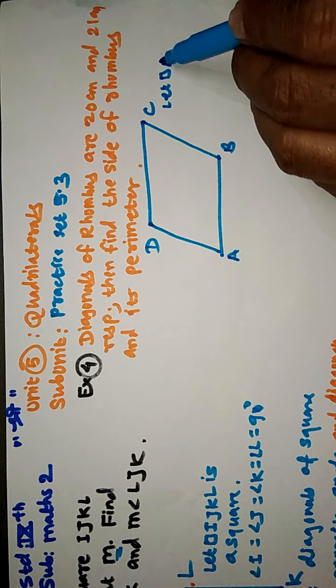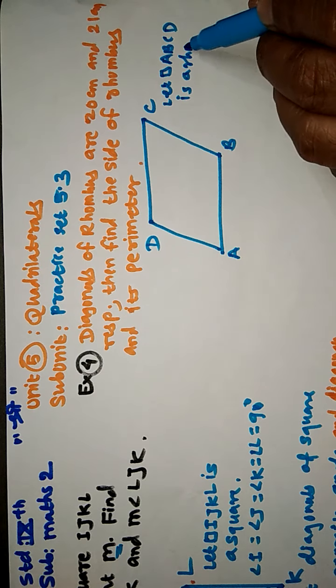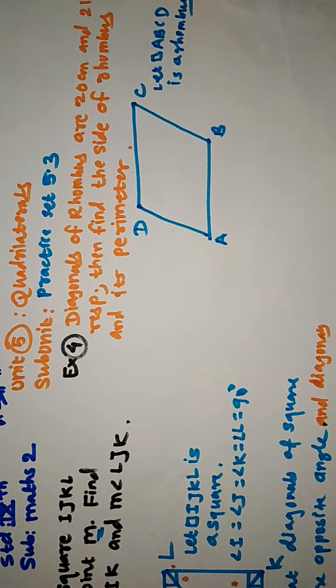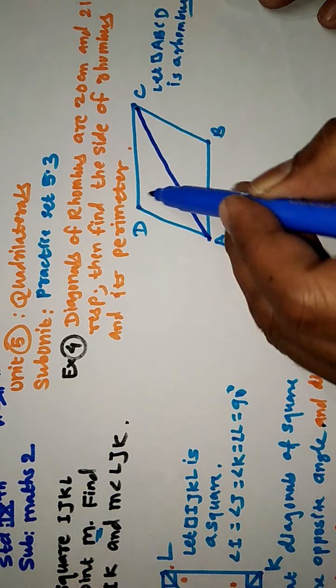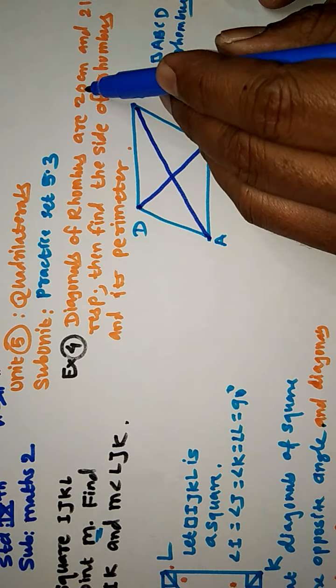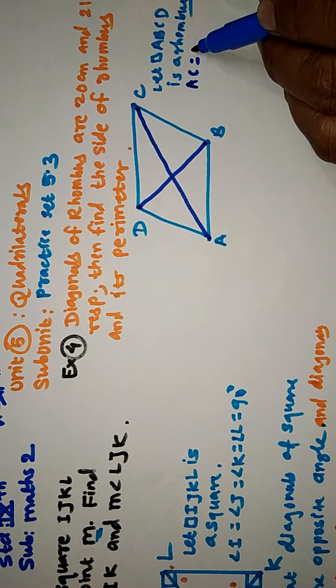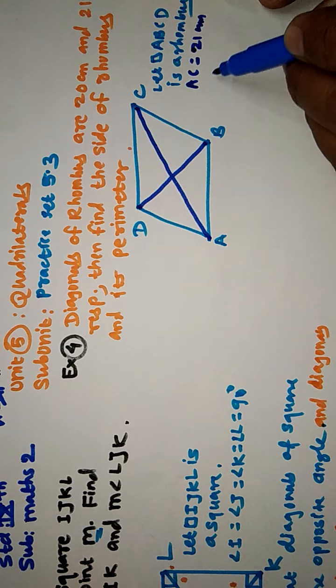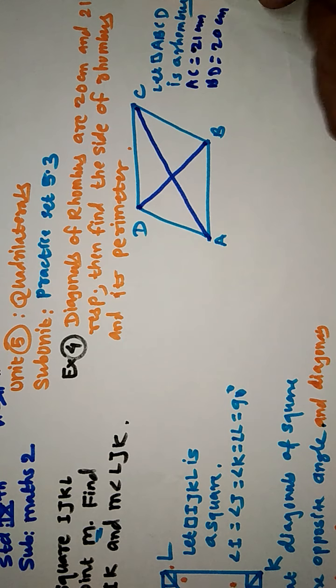Let quadrilateral ABCD be a rhombus. Its diagonals have lengths 20 centimeter and 21 centimeter. AC is 21 centimeter and BD is 20 centimeter.